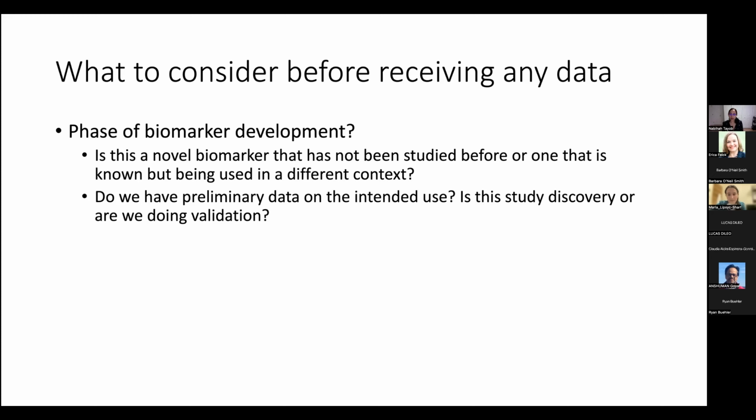Or if you only have discovery level data that was maybe not in the right context, then we want to design a study that gets us to our target population, but maybe we can't afford the level of rigorous clinical validation that we might need.